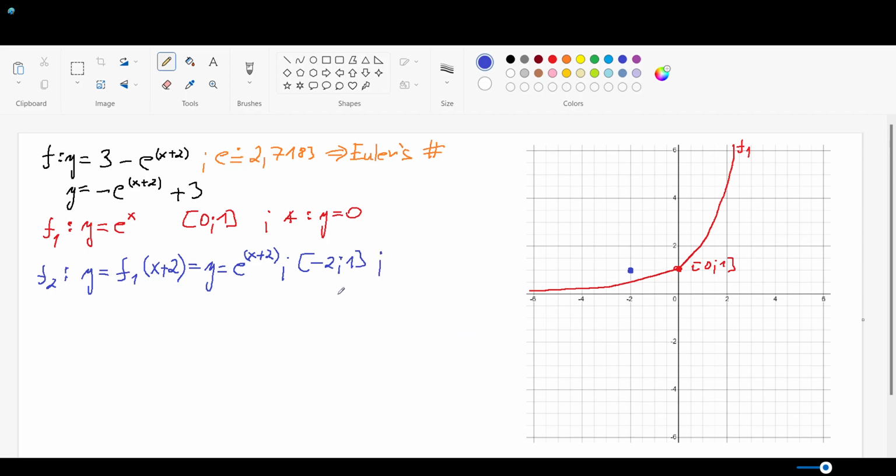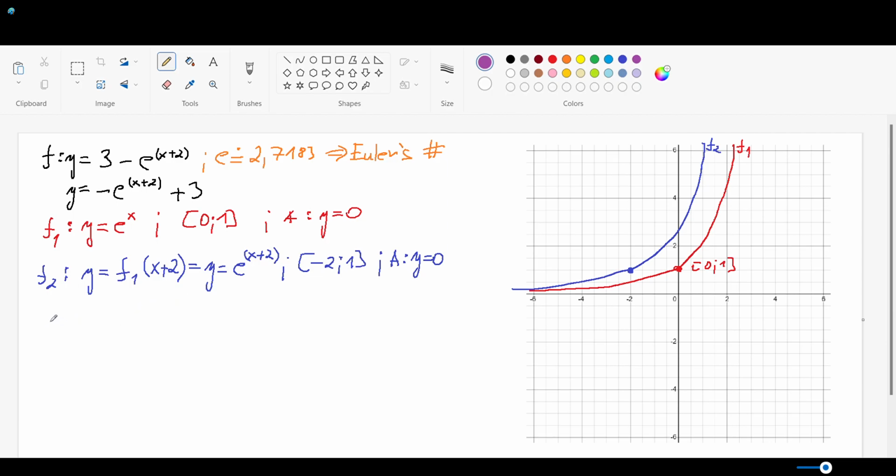And we already know that transformation to the left and to the right doesn't impact my asymptote, so my asymptote will remain with the equation y equals 0. Let me sketch the graph. All the points are moved 2 units to the left, so my function f2 will look like this. I'm done here.